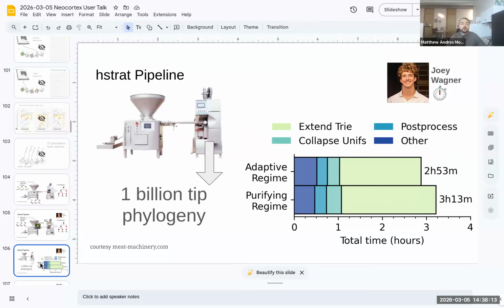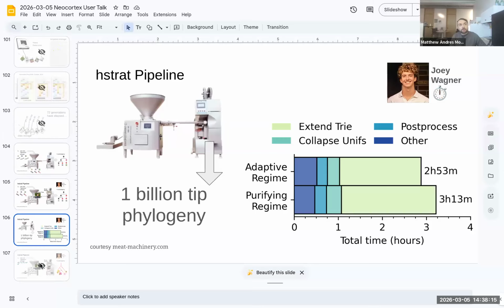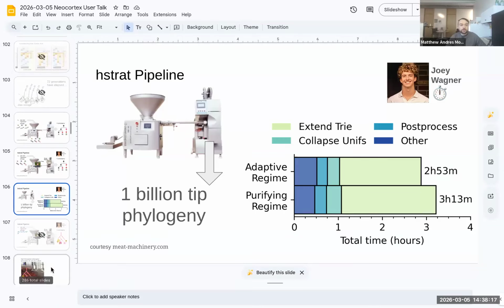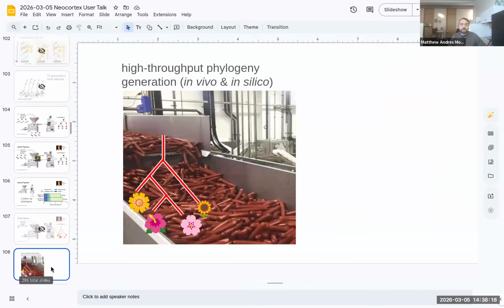So the throughput of this pipeline is sufficient to get us to the point where reconstruction is no longer going to be the constraining factor on the types of analyses that we can do on the phylogenies coming off the Wafer-Scale Engine.